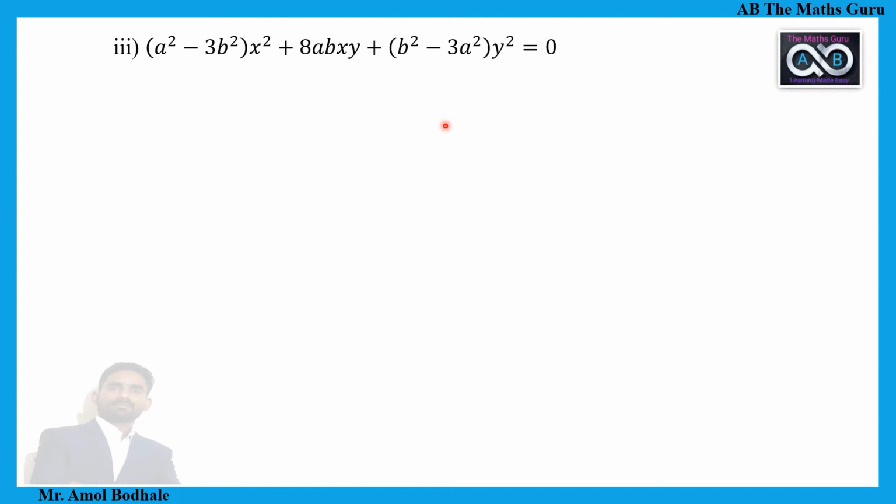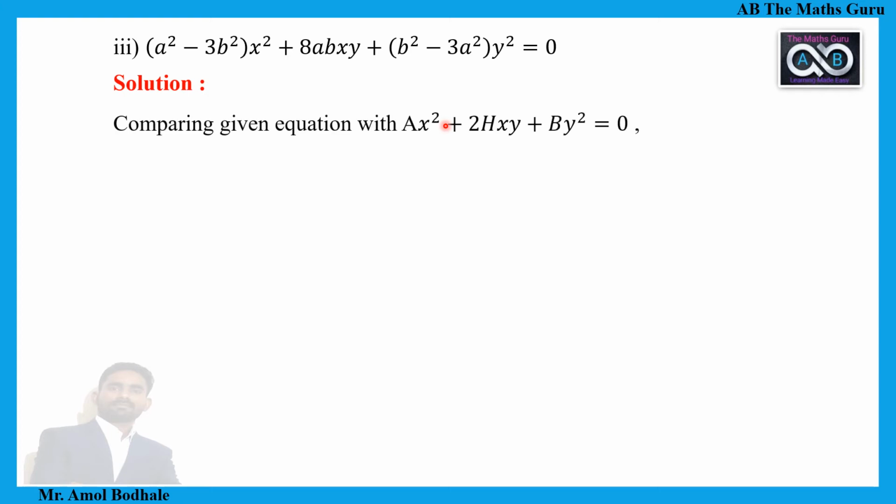So that is why, when we compare the given equation with the standard equation, instead of small a we will take capital A x square plus 2hxy plus capital B y square equal to 0. Now we compare the coefficient of x square, that is capital A, with this term. So we get capital A is a square minus 3b square, 2h which is 8ab, so h is 4ab, and capital B, the coefficient of y square, is b square minus 3a square.